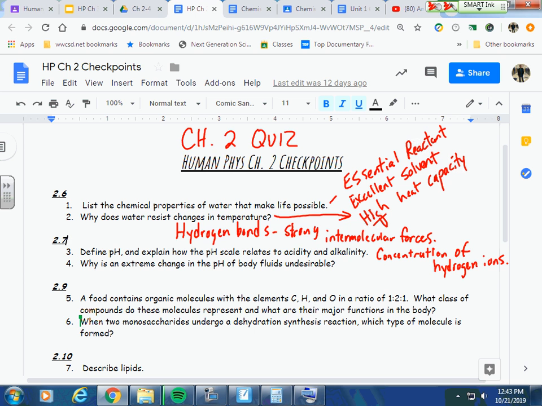So the higher the number for the hydrogen ion concentration, the lower the pH. So it goes the opposite way. Of course, 7 on the scale is neutral, and it goes 0 to 14. Less than 7 is going to be an acid. Higher than 7 is going to be a base. As we go towards 14, we get a stronger base. As we go towards 0, we get a stronger acid.